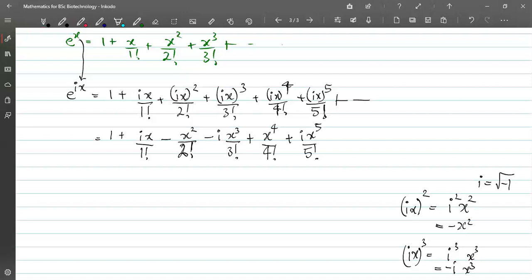Denominator you can already see, right? So each term you just multiply an ix in the numerator, and that is the next numerator. So 1 times ix. Ix term times ix is minus x square, because i square is minus 1. Further multiplication of this by ix will give you minus ix cube. Further multiplication of that will give you minus i times i is minus of minus 1, that's plus 1, x to the power 4, then ix to the power 5, and so on.